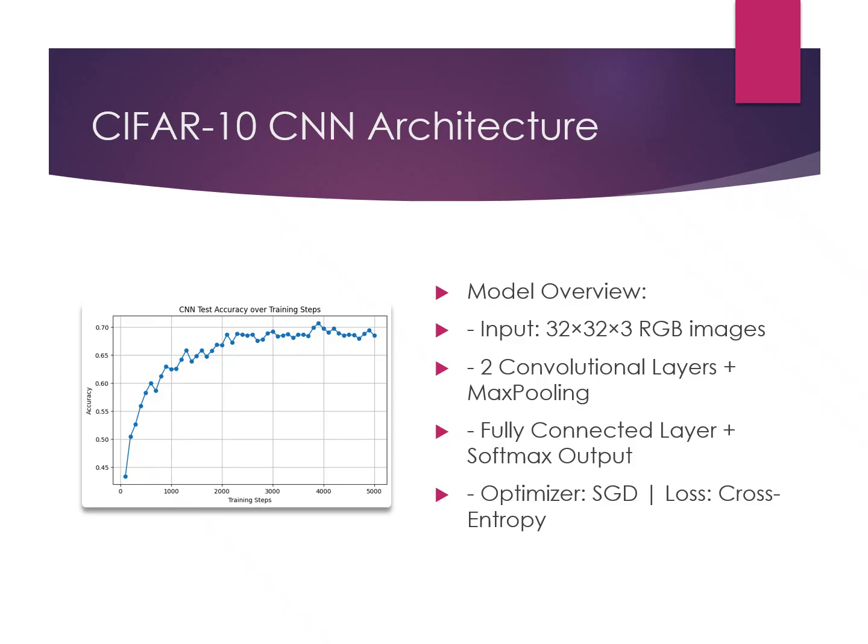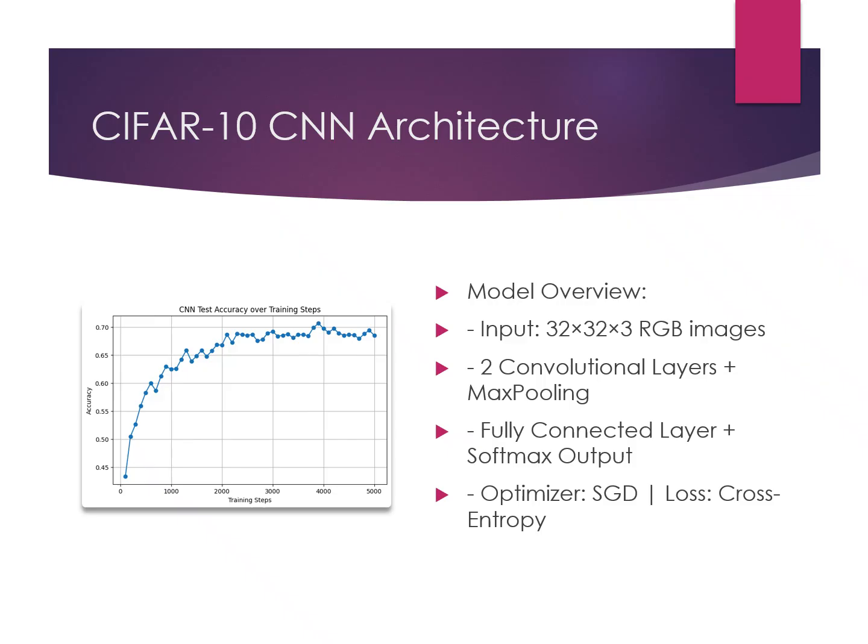The blue line with circular markers shows accuracy checkpoints. The key observation is that in the first 1,000 to 2,000 steps, accuracy increases rapidly. This is where the model learns basic features like edges and shapes.